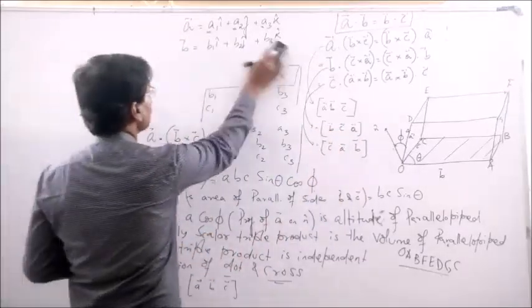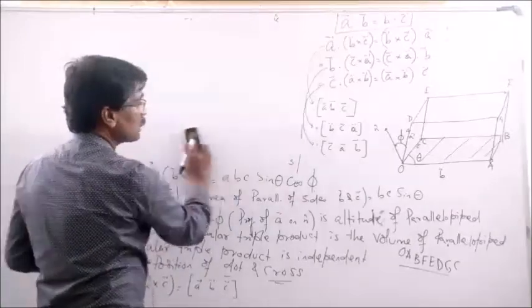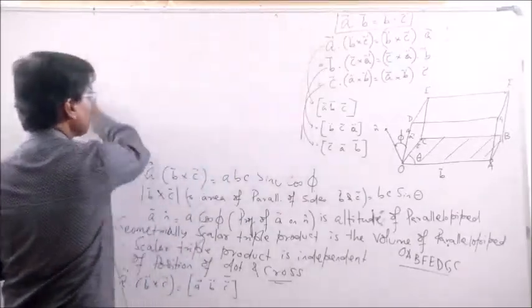So the scalar triple product is independent of the position of dot and cross.